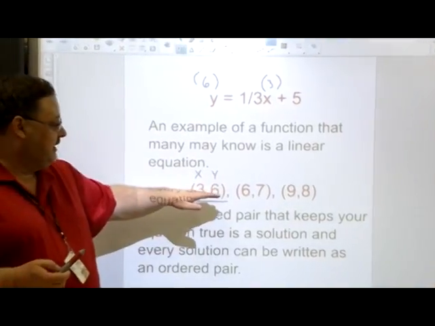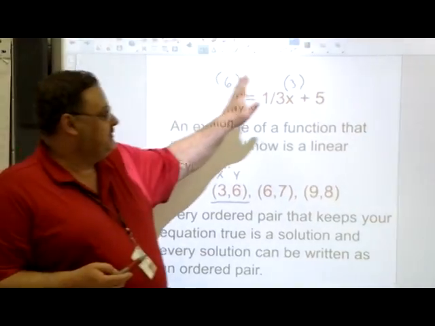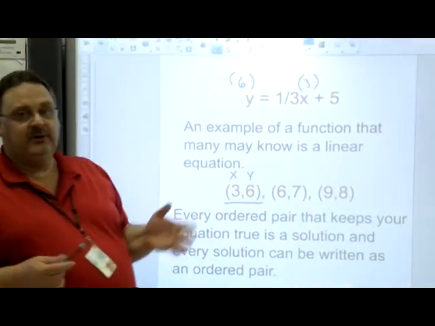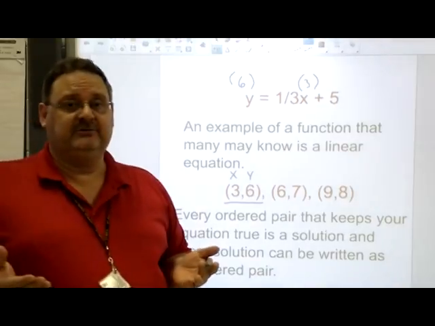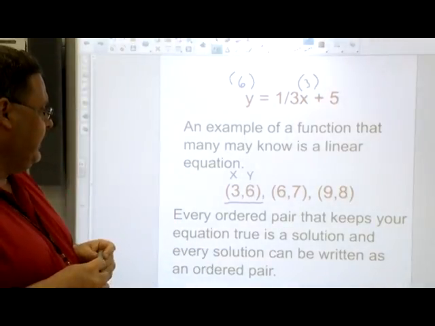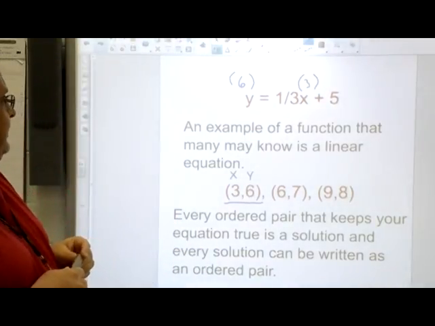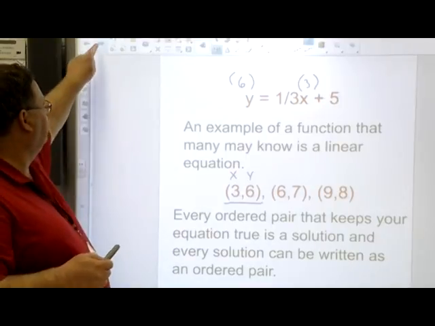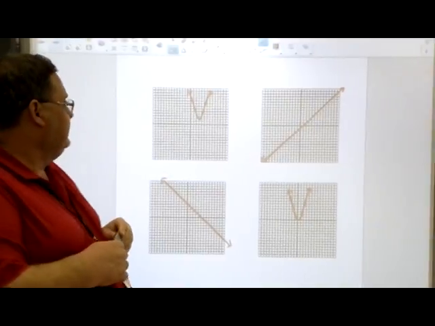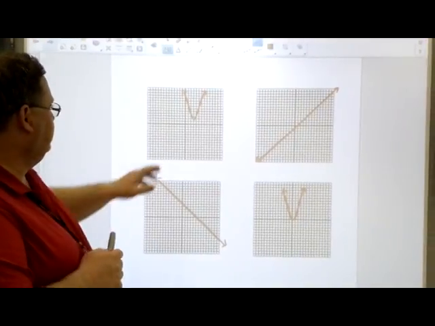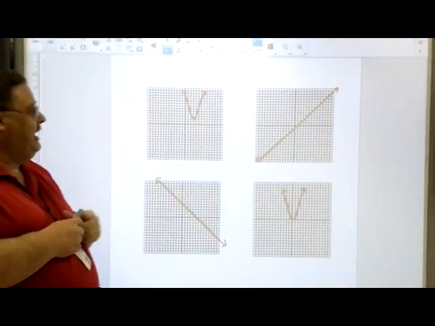So when I put the x value in and the y value in, it's true. That's what I mean by it is a solution, and that every solution can be written as an ordered pair. Here are some more examples of functions. Here's a parabola, or a quadratic.